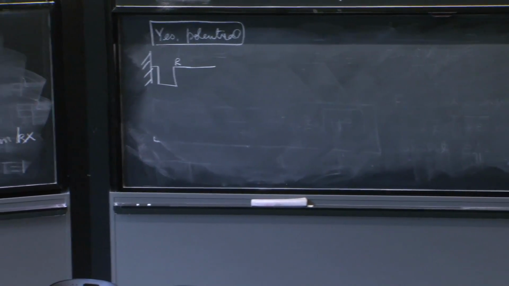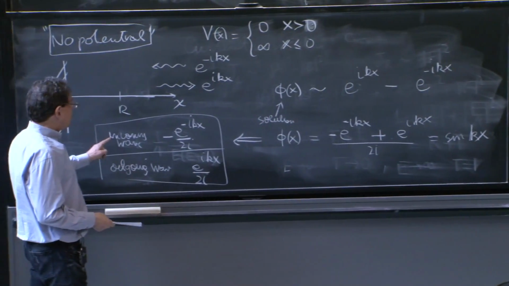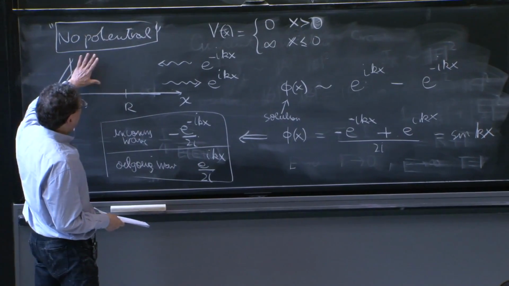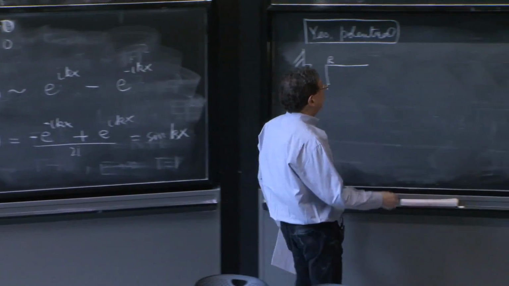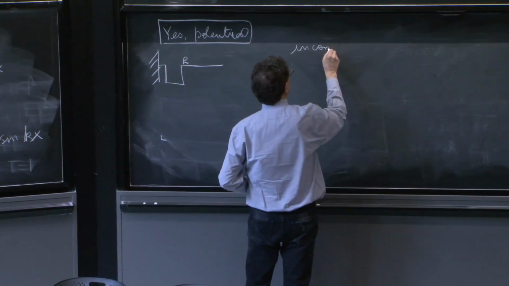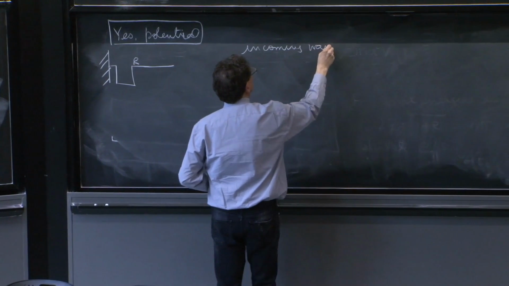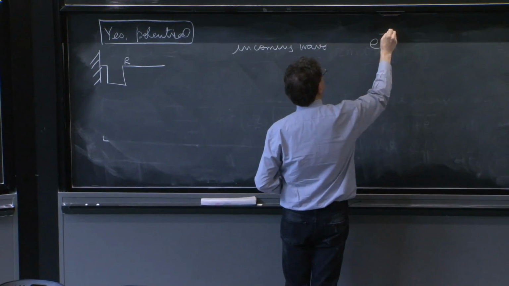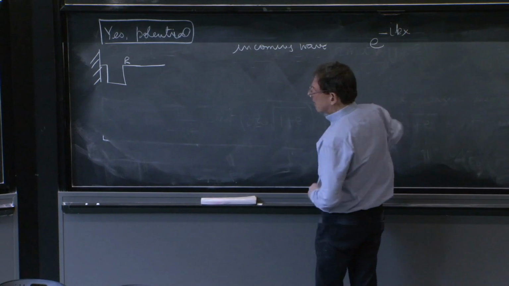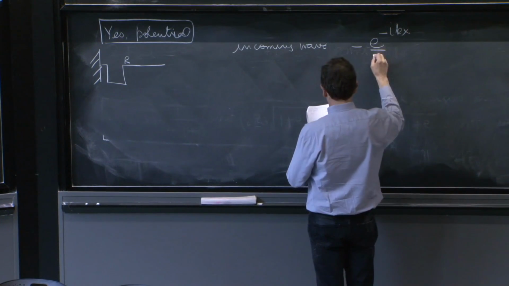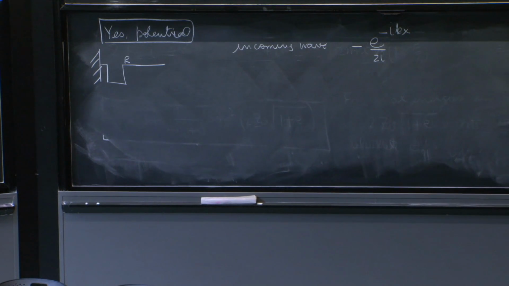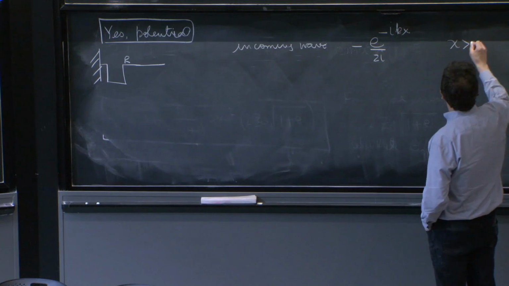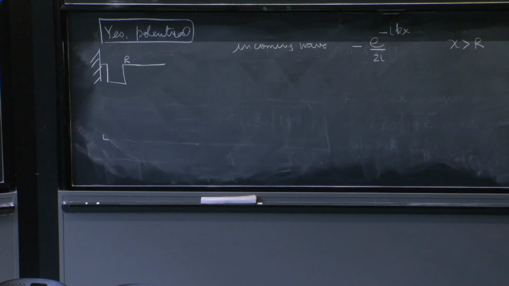In order to compare, we'll take an incoming wave the same as the one where there was no potential. So let's take an incoming wave, which is of the form e to the minus ikx times minus 1 over 2i. But I must write something more. I must say that x is greater than r.